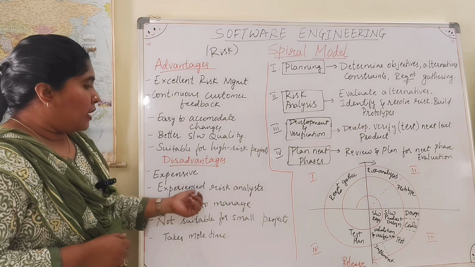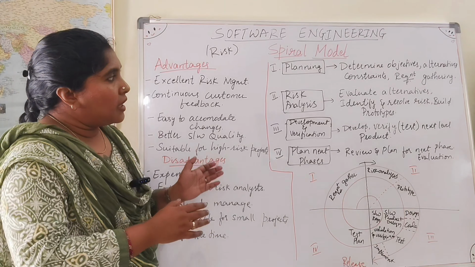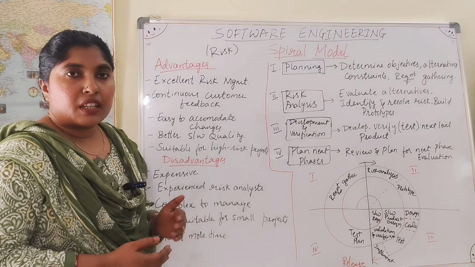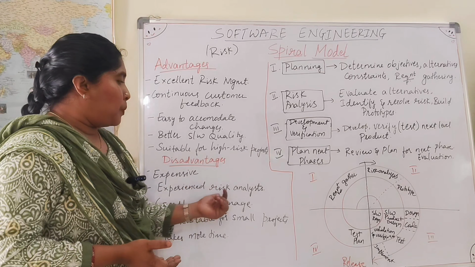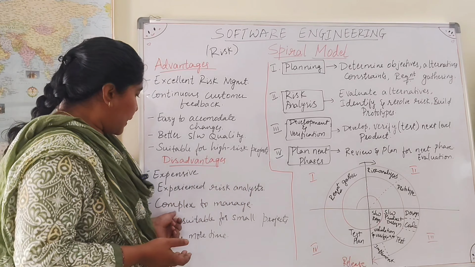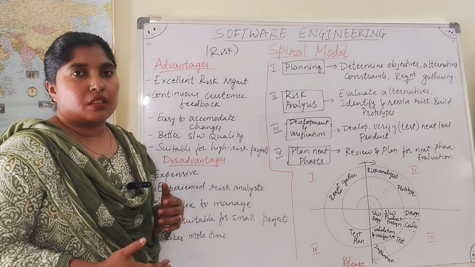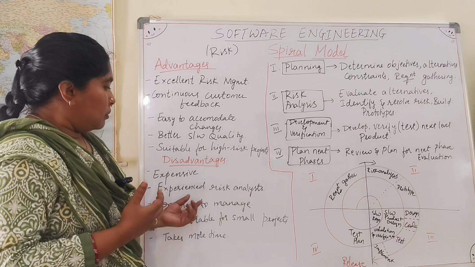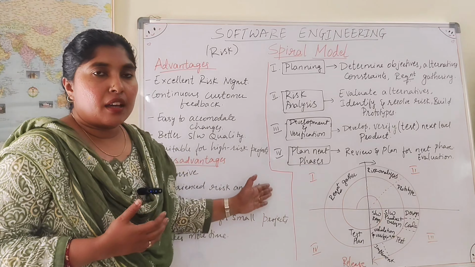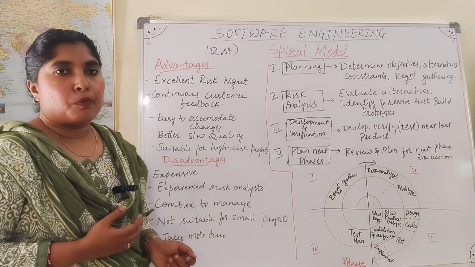So it is expensive, and we need an experienced risk analyst to analyze the risks, resolve them, and provide alternate solutions for those risks. And it is complex to manage, if so many features are there, so risk is more. Here phases are more. It is complex to manage, and not suitable for small projects.